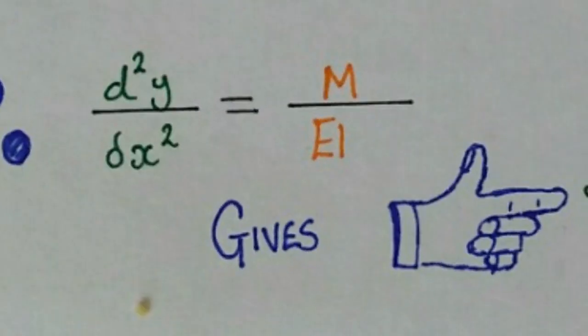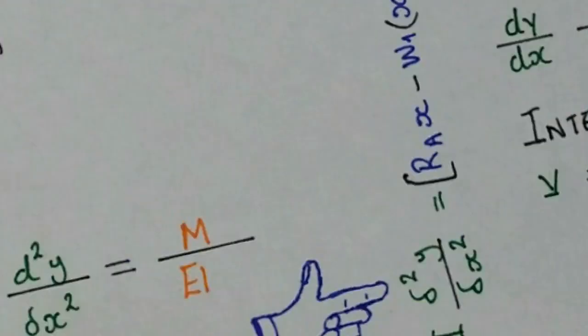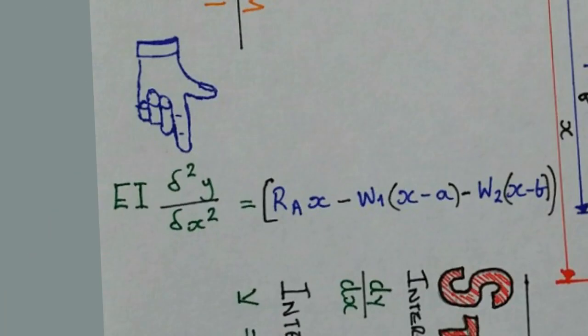So we have to derive that, so we come down to moments divided by the flexural stiffness, and this gives us our formula.